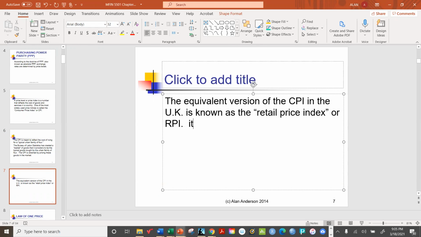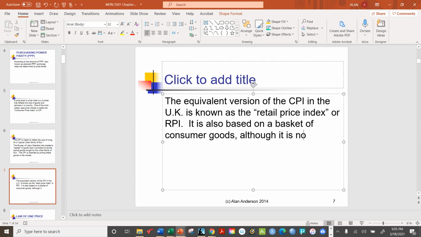Okay, it is also based on a basket of consumer goods, although it is certainly not identical to the US basket. All right, they have different goods and services in there, and the weights might also be very different.